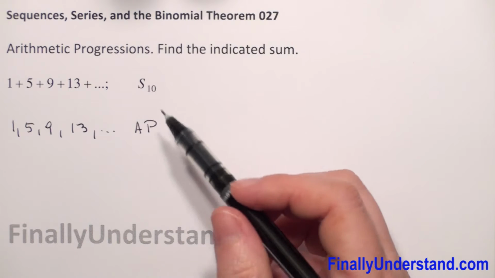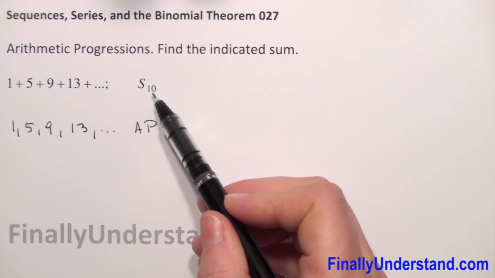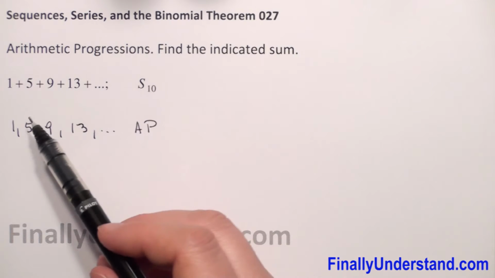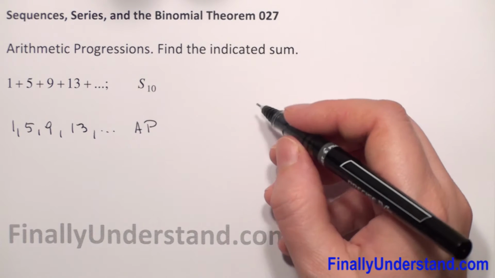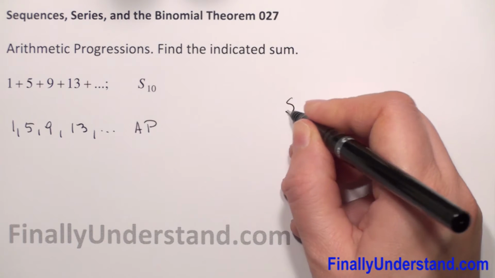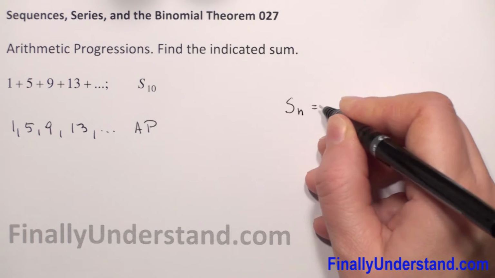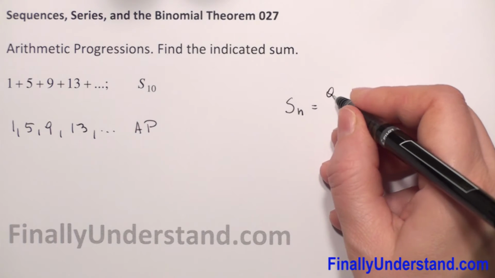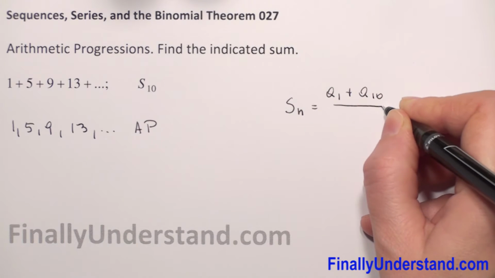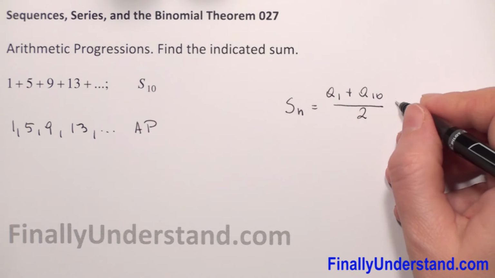So, to find the sum of the first 10 terms of an arithmetic progression, we will use the formula for the sum of n terms. This is (a1 plus an) over 2 times n.